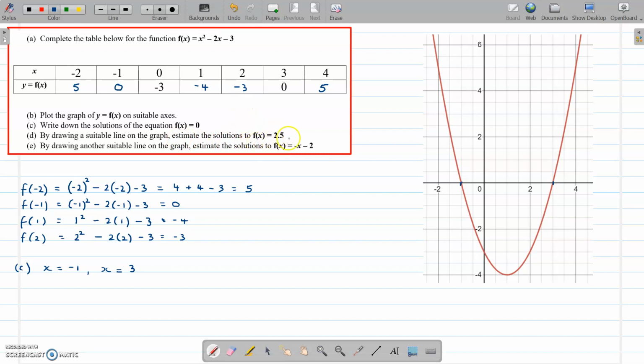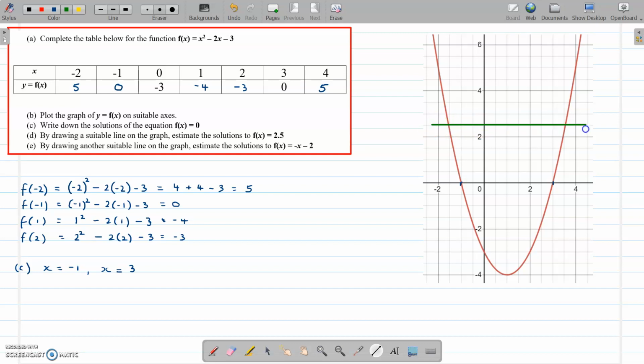Now, what you're going to do is recognize that this is the function y equals x squared minus 2x minus 3. So you're now going to draw the line y equals 2.5 on the same graph, and that is a line that goes through 2.5 on the y-axis. So it's this line here.